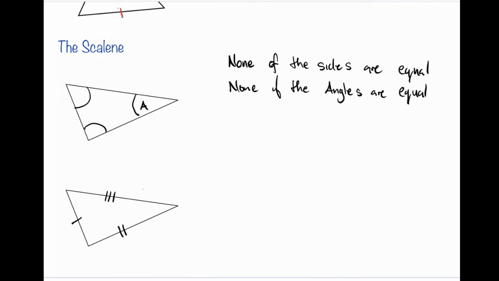So here, let's put in the angle A, the angle B, and the angle C. Here, we have the side a, and notice that the side a is the side that opposes the angle A. The side b is the side that opposes the angle B, so let's put in the side b.